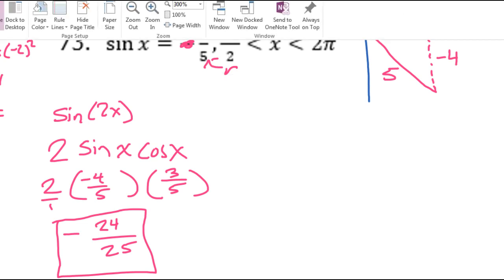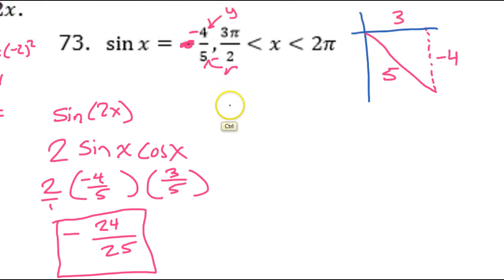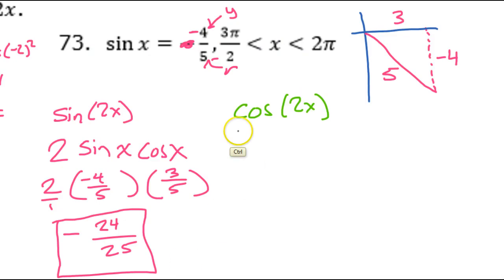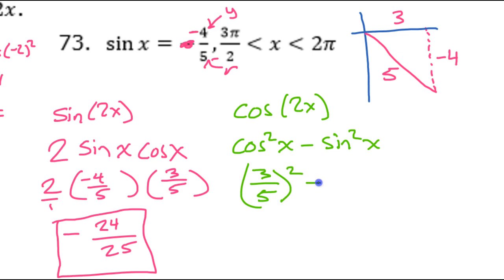So that is the sine of 2x. All right, next we are supposed to find the cosine of 2x. Okay, and again, the cosine of 2x is cosine squared minus sine squared. So cosine squared x minus sine squared x. And cosine is x over r, so this will be 3/5 squared.